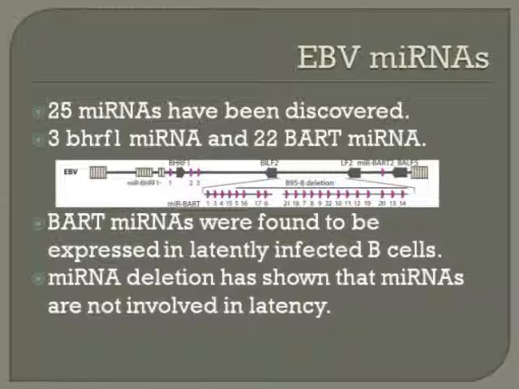25 microRNAs have been discovered in Epstein-Barr virus, and 3 of these microRNAs are encoded close to the BHRF gene, as you can see in the figure.